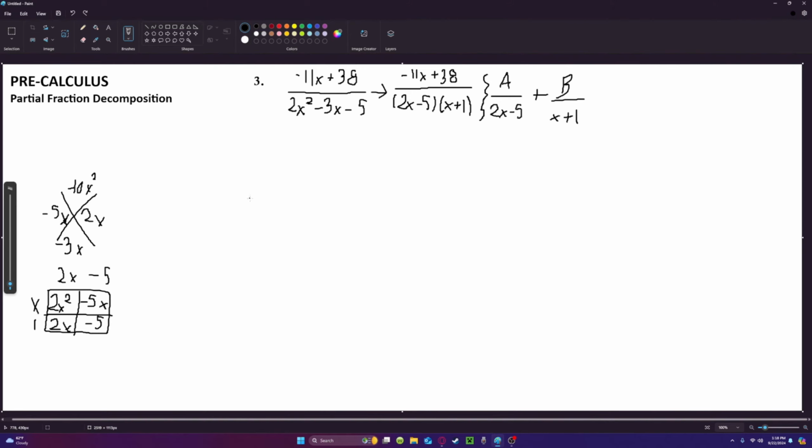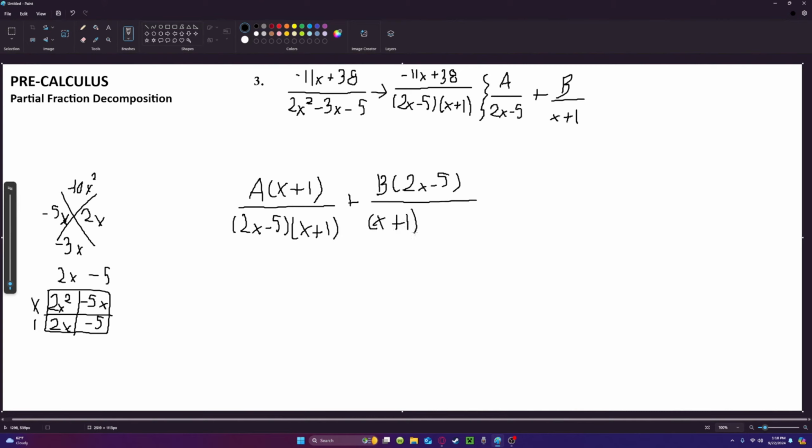So now we factor out. I'm going to do it down here. We have a times x plus 1, and then we have 2x minus 5, x plus 1, plus b times 2x minus 5 over x plus 1 times 2x minus 5, equals negative 11x plus 38 over 2x minus 5 and then x plus 1.